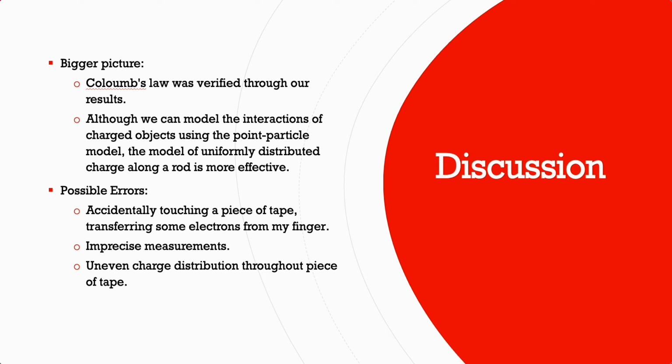And although we can model the interactions of charged objects using the point particle model, the uniformly distributed charge along a rod is a little more effective in this system. Some possible errors are accidentally touching the piece of tape, transferring some electrons from my finger, imprecise measurements, and uneven charge distribution throughout the piece of tape, which is pretty likely.